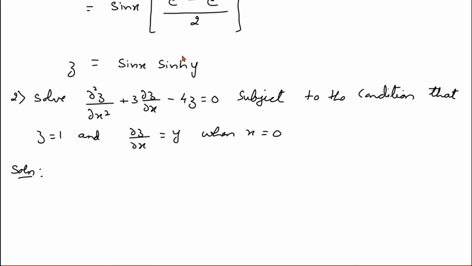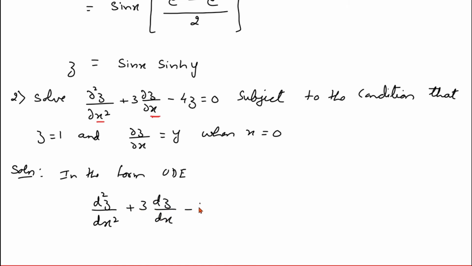If you try to observe over here in this PDE, it contains only one independent variable x, right? Since it contains only one independent variable x, you can write this in the form of an ODE. So we have the differential equation as d square z by dx square plus 3 times dz by dx minus 4 times z is equal to 0.